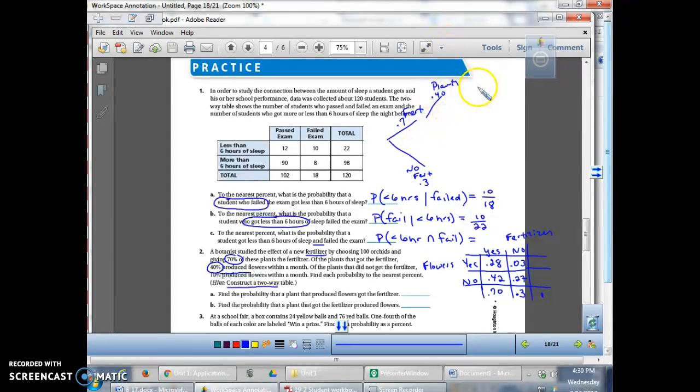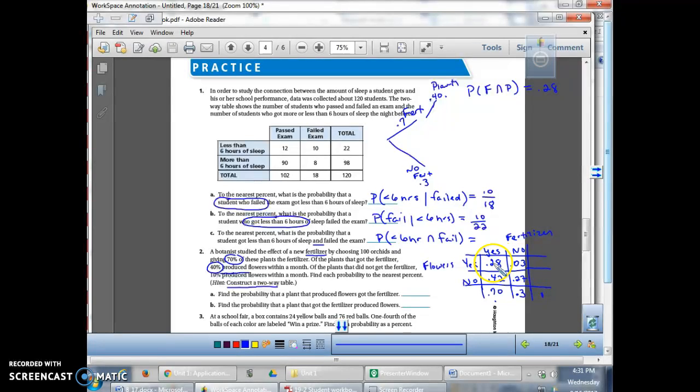And then if I multiply along here, no, I'm sorry, it wouldn't be 0.40. Yes, it would, sorry, 0.40. So now when I want the probability that the plant received fertilizer and produced flowers, I'm just kind of abbreviating there, it'd be the 0.7 times the 0.40, which is 0.28. So that's what we learned yesterday. So you could set it up either way.